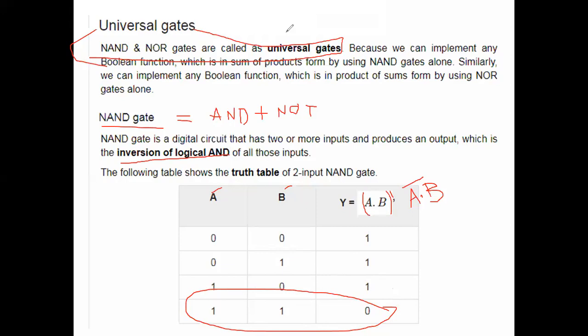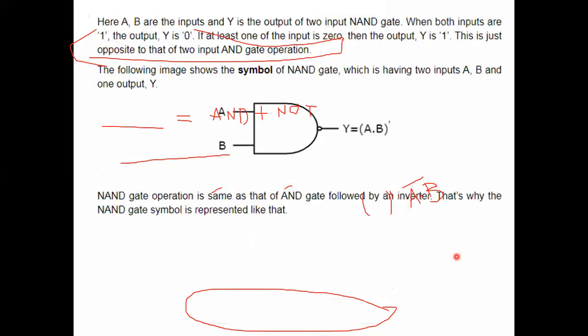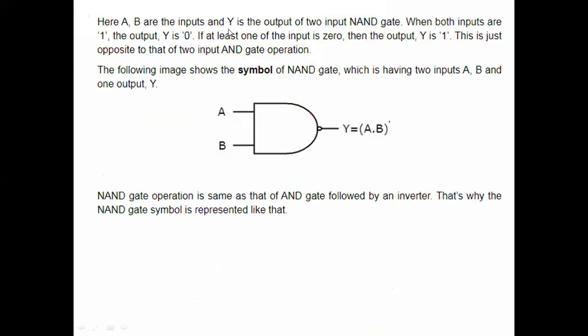What is the symbol here? How do we get this symbol? AND gate plus NOT gate becomes a NAND gate. What is the AND gate? Two inputs, A and B. This is the AND gate.